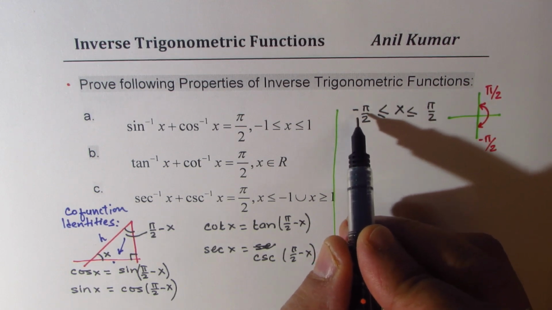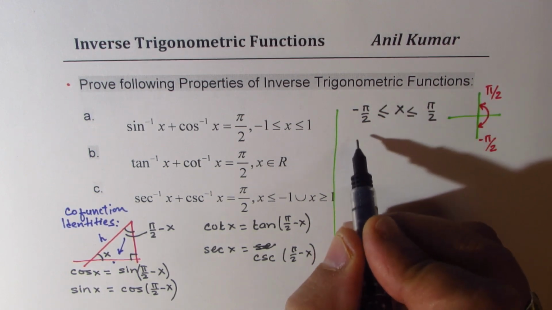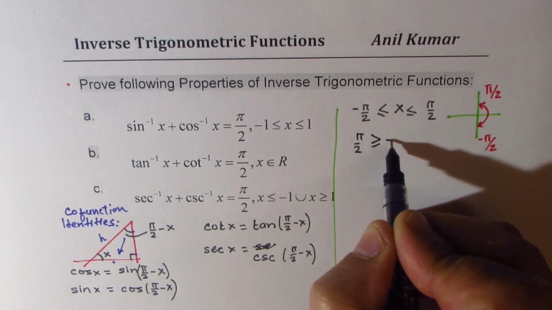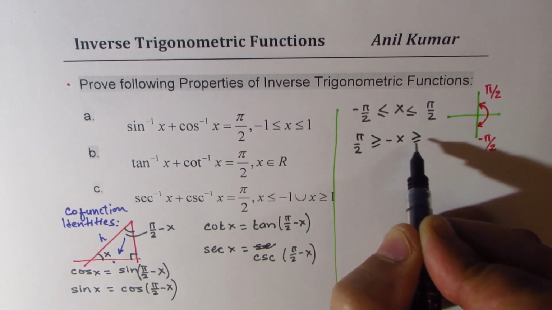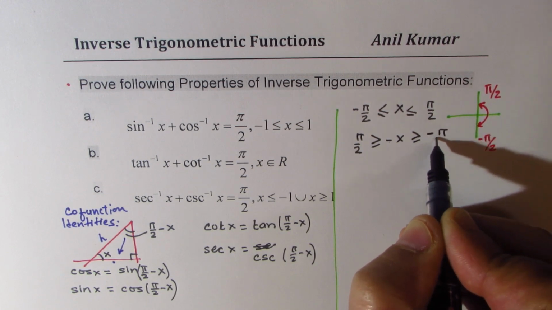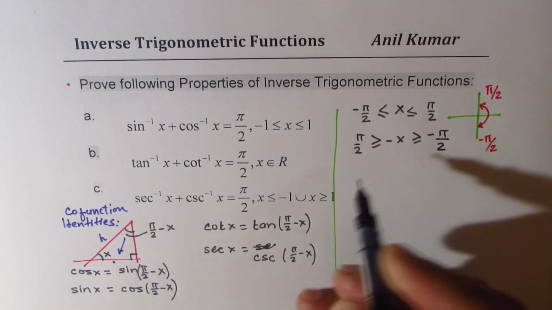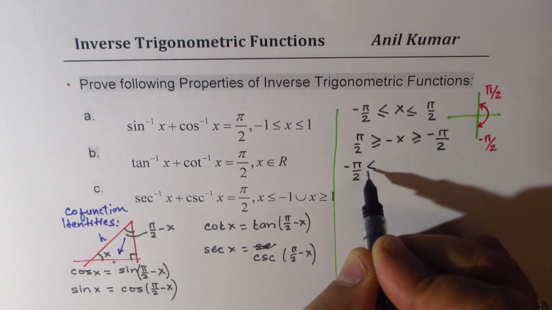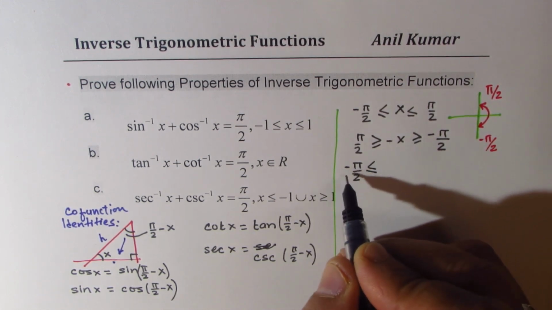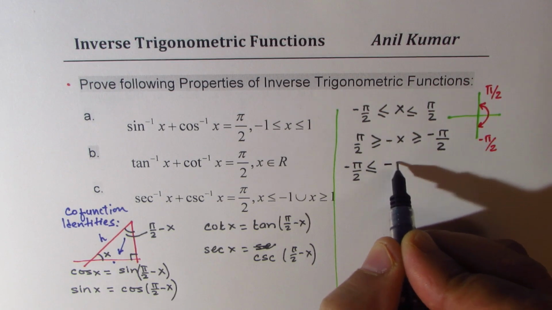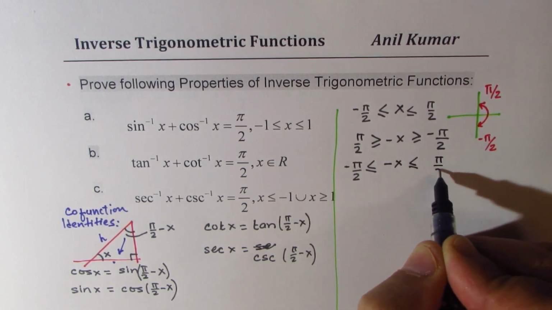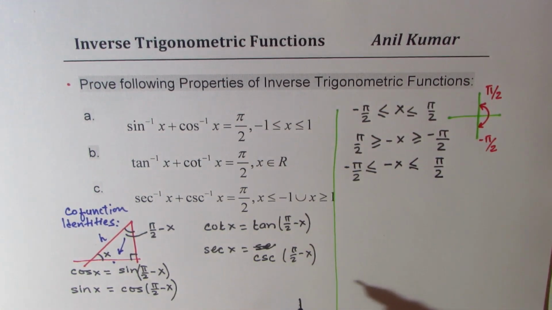So, if I multiply by a negative number, this becomes positive pi by 2, sign changes, minus x greater than or equal to minus pi by 2, correct? Or I could rewrite this as minus pi by 2 less than or equal to minus x less than or equal to pi by 2. It's always better to write the lower side on the left. So we get this form.